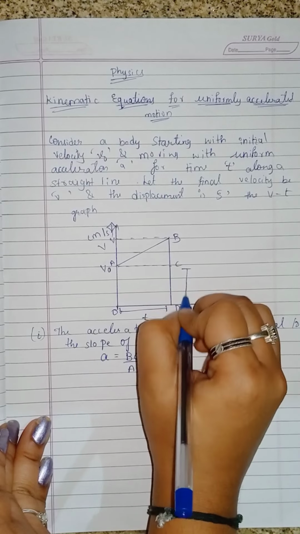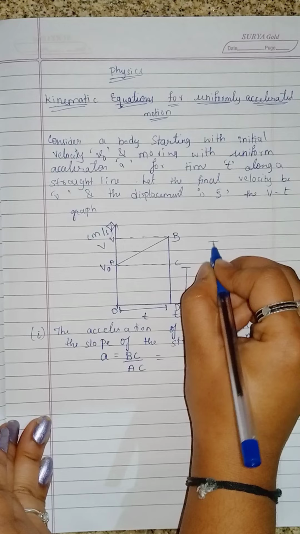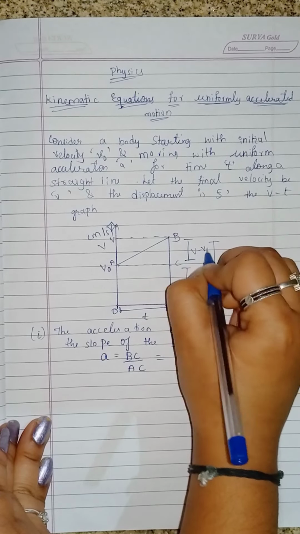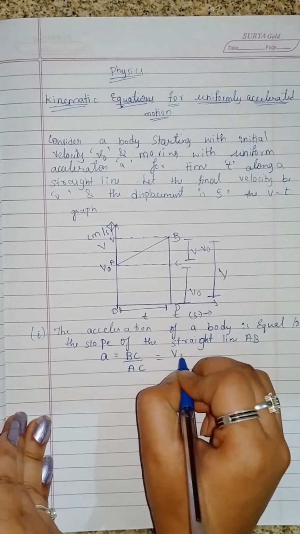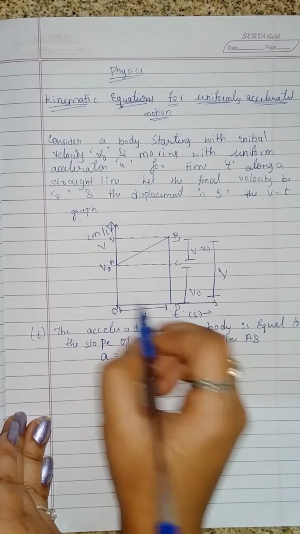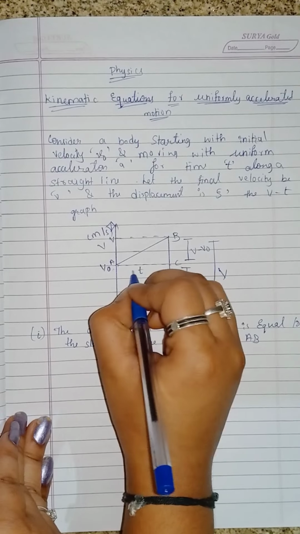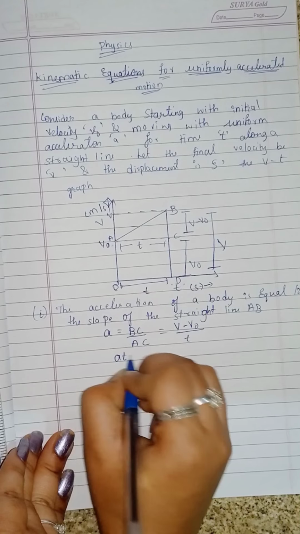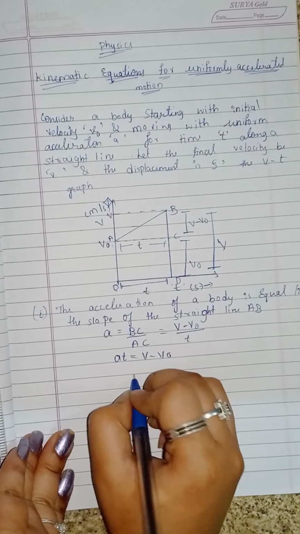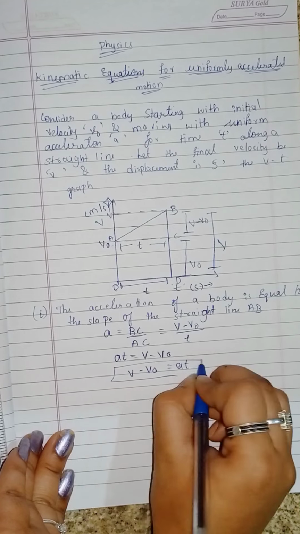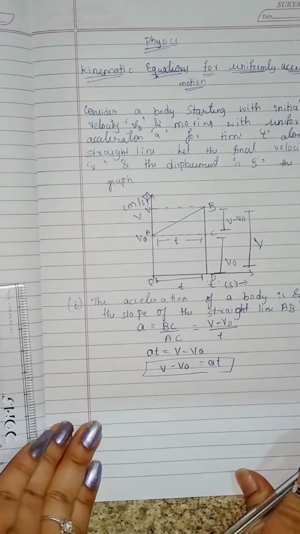If this is V naught and this BD is V, BC is V minus V naught. So that is V minus V naught by AC, which is T. Therefore AT is equal to V minus V naught, or V minus V naught is equal to AT, which is the first equation of kinematics.